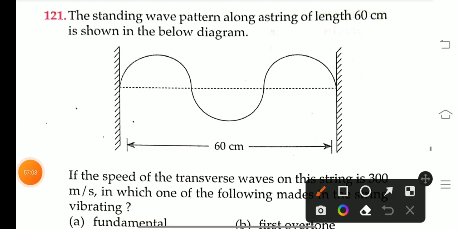Next, the standing wave pattern along a string of length 60 centimeter is shown in the below diagram.